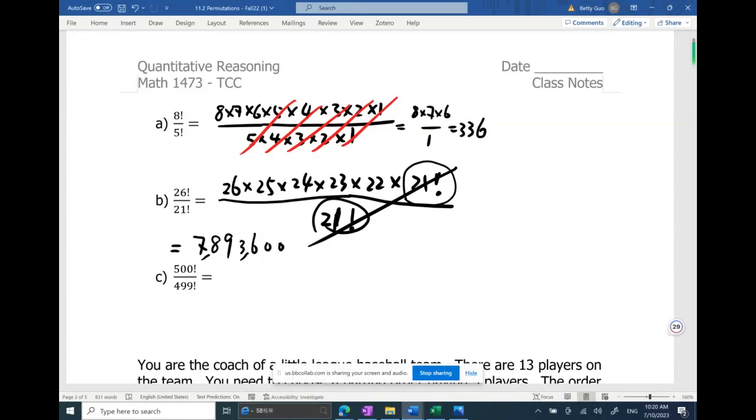All right, so if you understand part B, you will be able to answer part C pretty fast. Numerator 500 factorial, denominator 499 factorial. What's the connection between the numerator and denominator? Could we write the numerator as 500 multiplied by 499 factorial? And that 499 factorial will be cancelled because the denominator is 499 factorial. So it is simply 500, right?